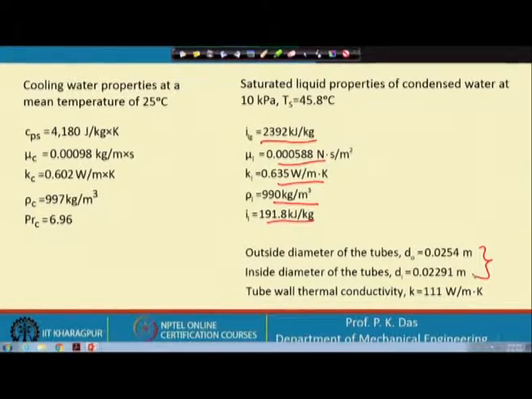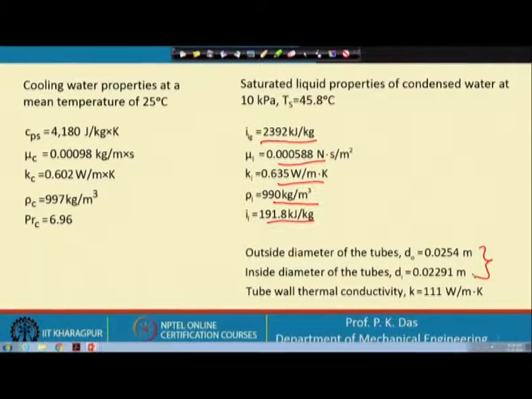Many of the things are to be selected a priori when you start the design. Sometimes these selected quantities we do not change, sometimes we change them depending upon our preliminary result.